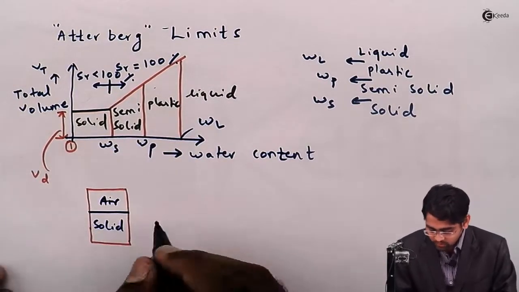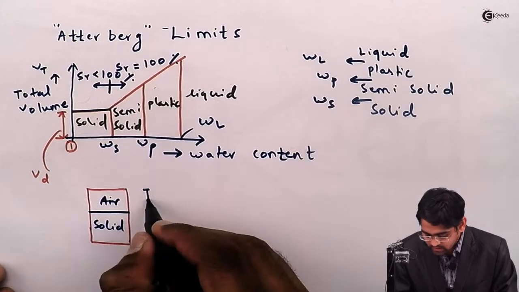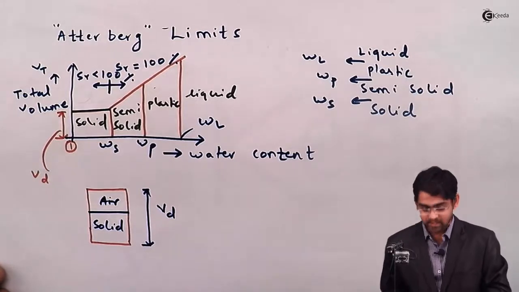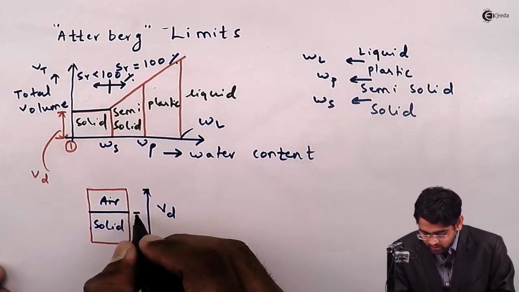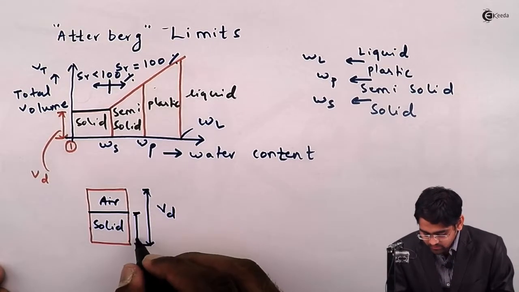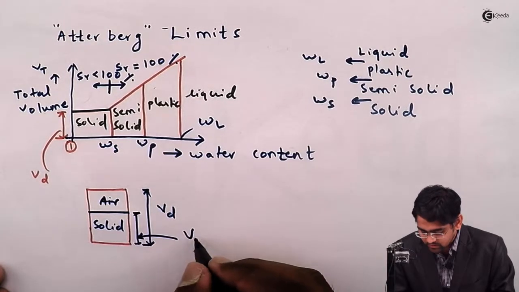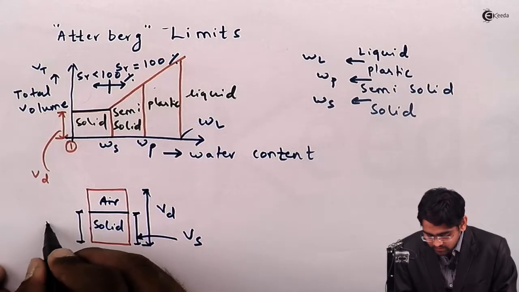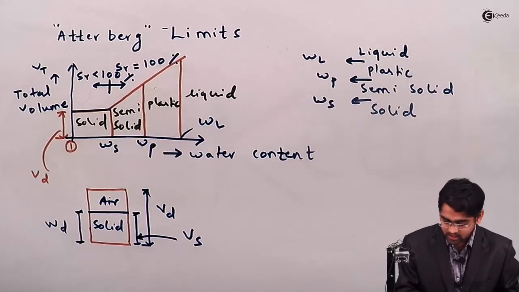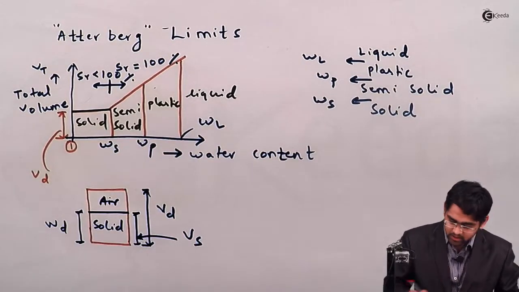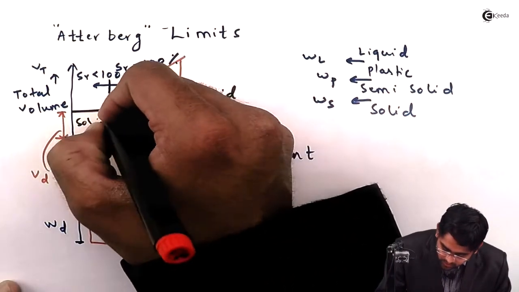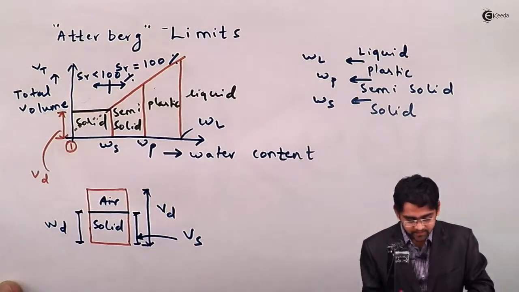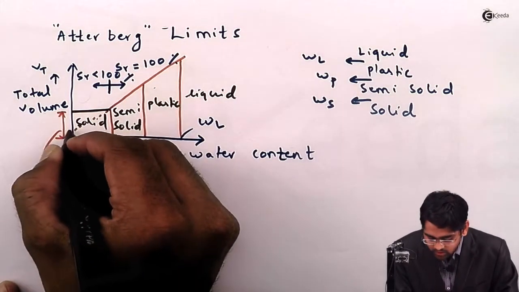So the total volume corresponding to this stage is nothing but the dry volume, that is VD, and the solid volume is nothing but VS. This is VS, and the weight of the solid is nothing but WD as per our standard notations. And if I go on extending this particular line backward, we'll get a small ordinate.